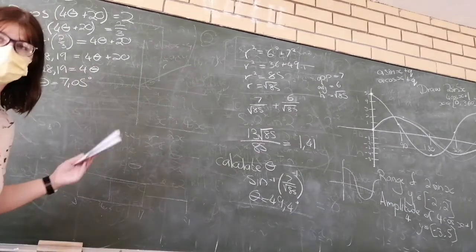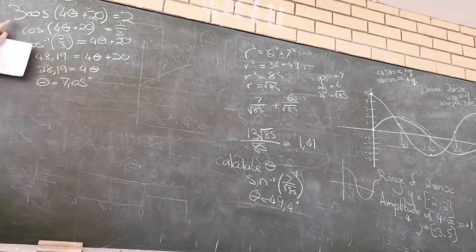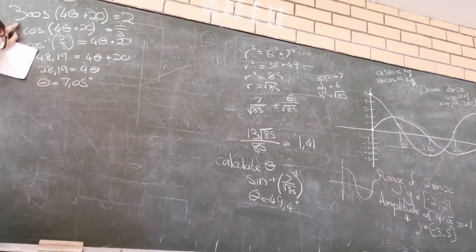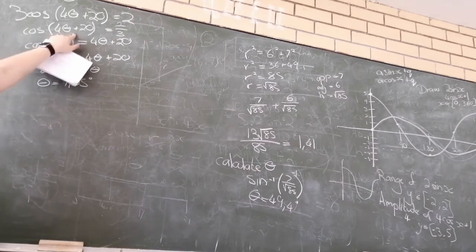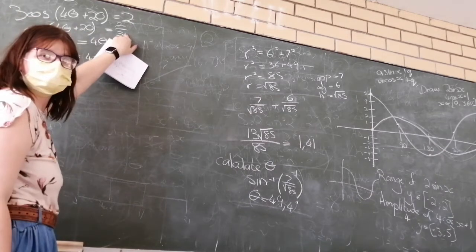It was a process of steps that I go through. My first step is to take over my 3, my number in front of my trigonometric ratio. Then I do cos to the minus 1, and I swap what's in the bracket with what's on the other side of the equal sign.